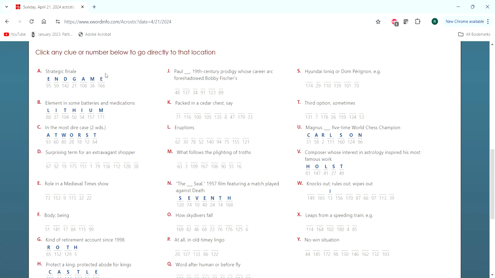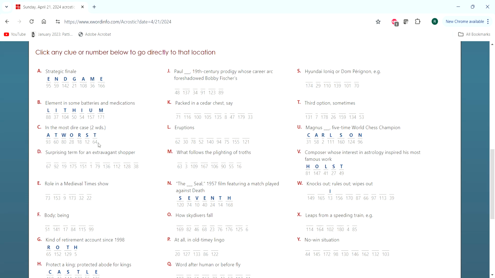So for example here, strategic finale, you need a 7-letter word, and I went with endgame. Element in some batteries and medications, I went with lithium. And again, we're guessing here.